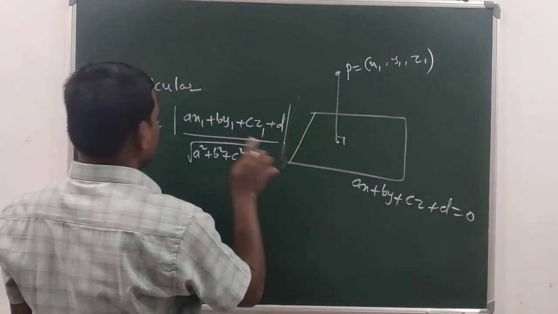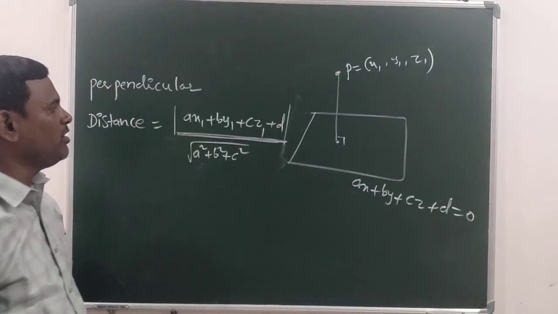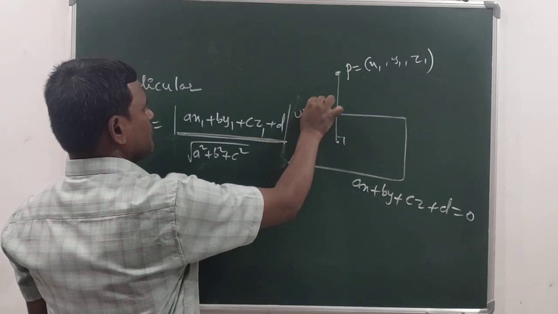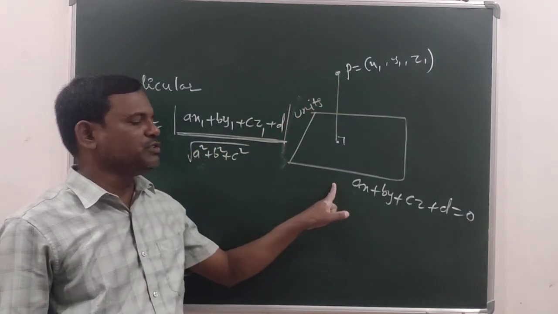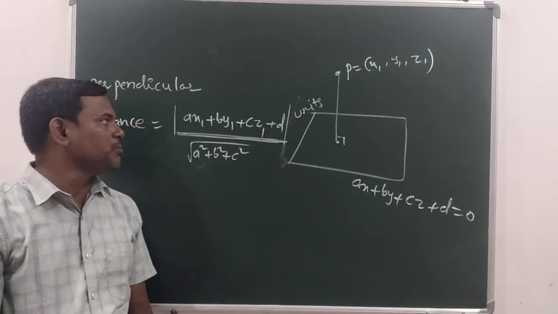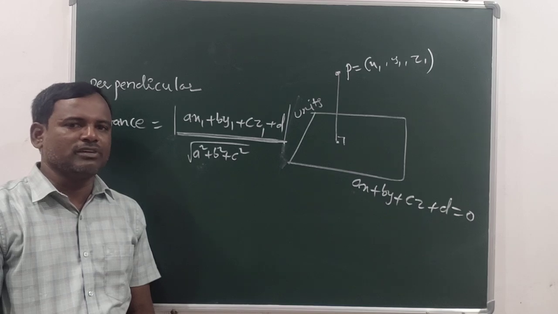Just keep the modulus symbol for the numerator because anyhow the denominator will be positive. Units right here. So this is the perpendicular distance from P to this plane. Remember it like a standard result: mod of ax1 plus by1 plus cz1 plus d by root a square plus b square plus c square.